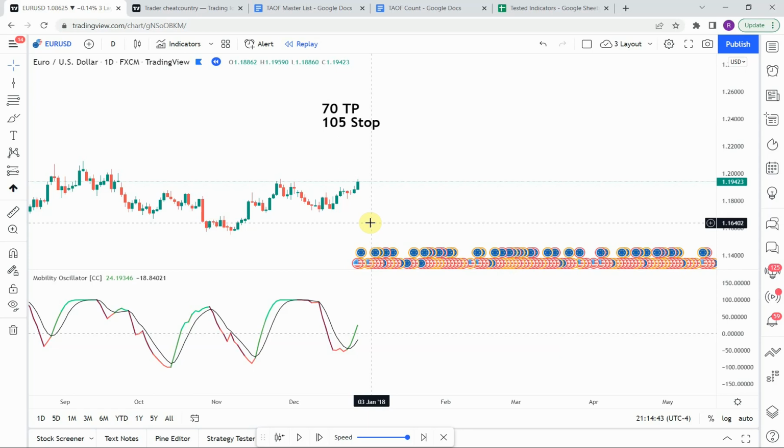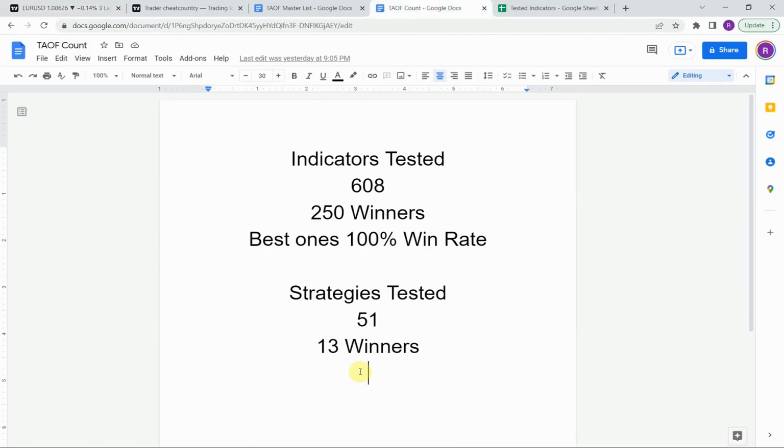Alright, as I said, today we will be testing the mobility oscillator. Before we do though, I wanted to put the testing scoreboard up for everyone to see. So to date, we have tested a total of 51 different strategies, with 13 of them being profitable. We've also tested a total of 608 indicators, with 250 of them being winners.